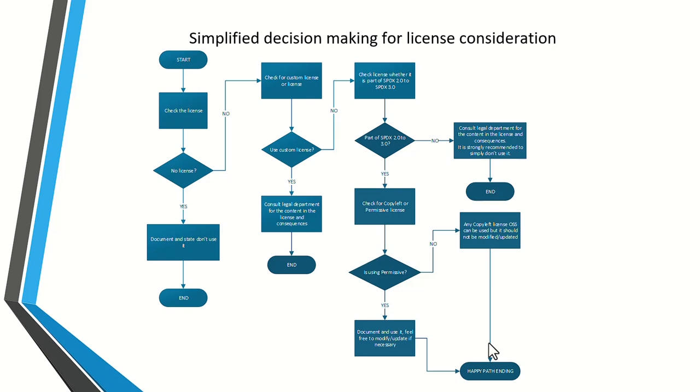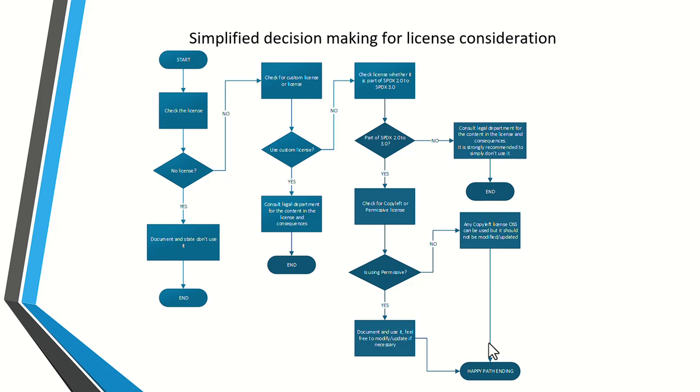For permissive, okay, you can do as many kinds of update or changes or modification or derivation, and you can also change the license. As long as you are not mixing any kind of license between those two, don't mix permissive with copyleft and vice versa. So anything that is copyleft should remain a copyleft license.